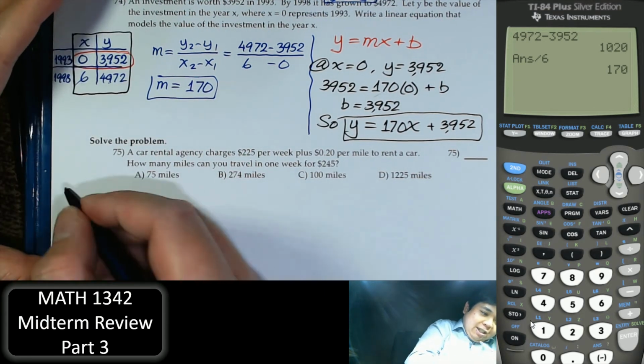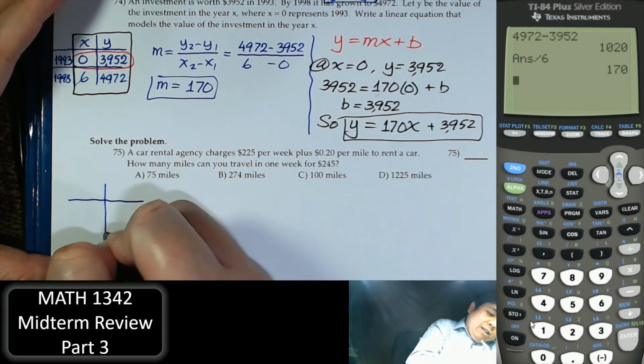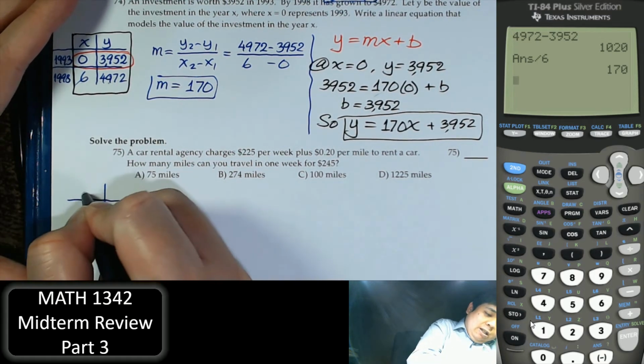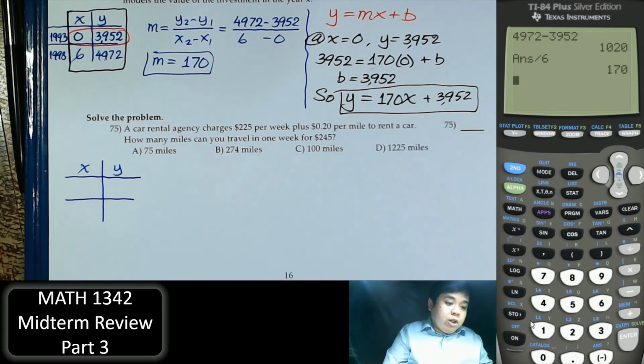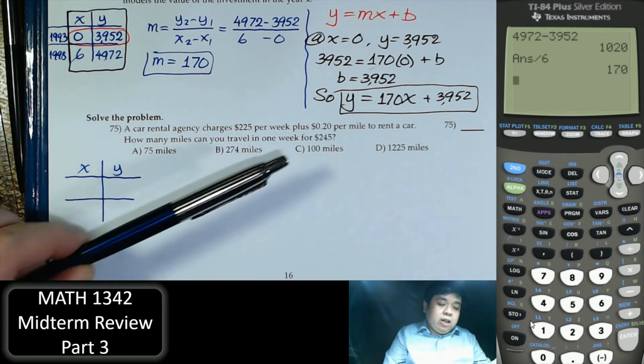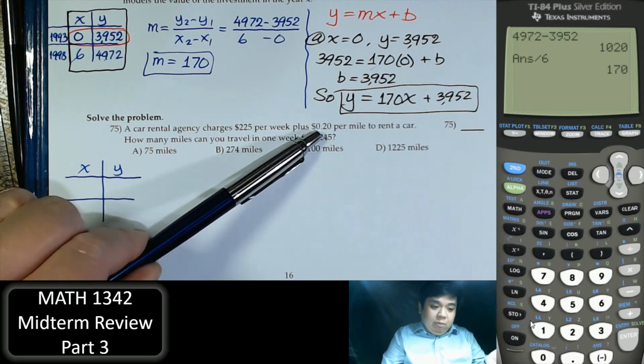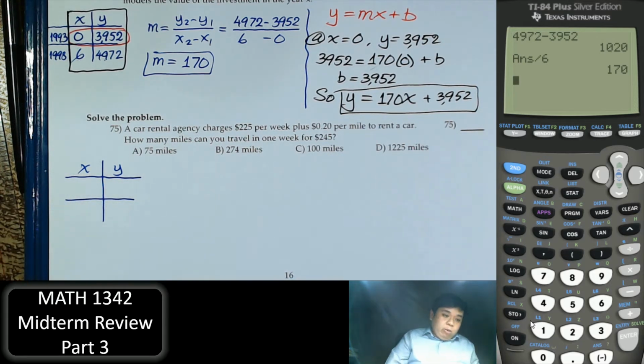Right. Next, do the same thing here. A car rental agency charged $225 plus 20 cents per mile to rent a car. How many miles can you ride in 1 week for $245? Right.